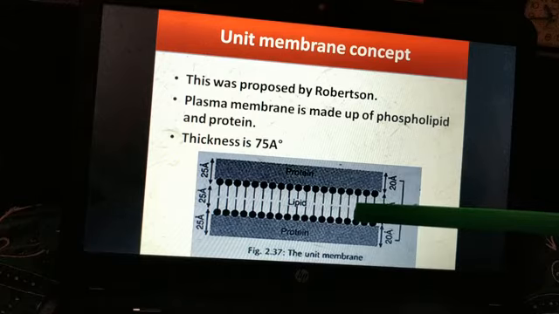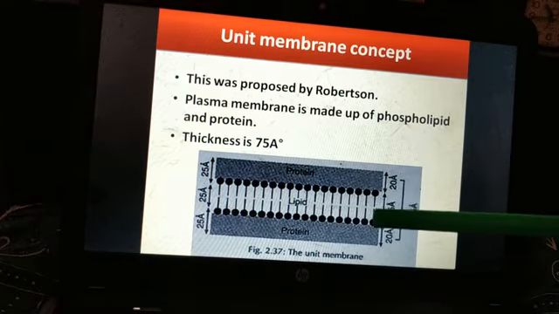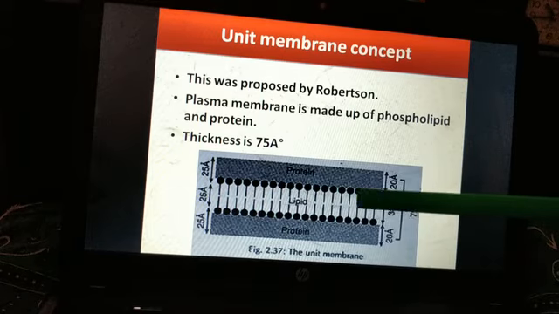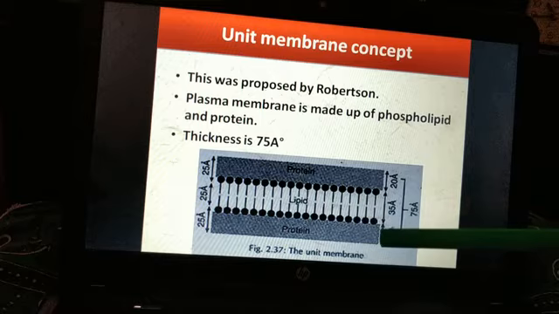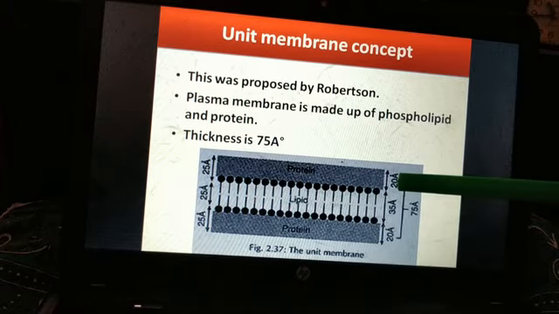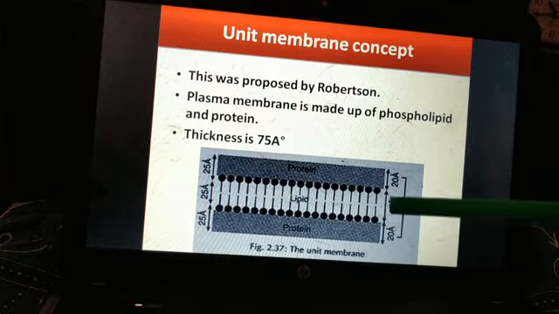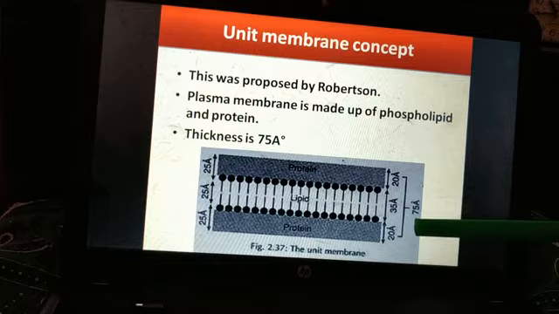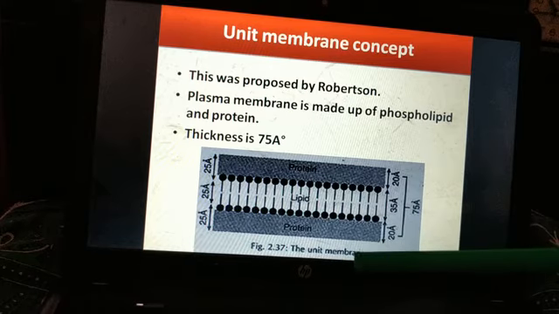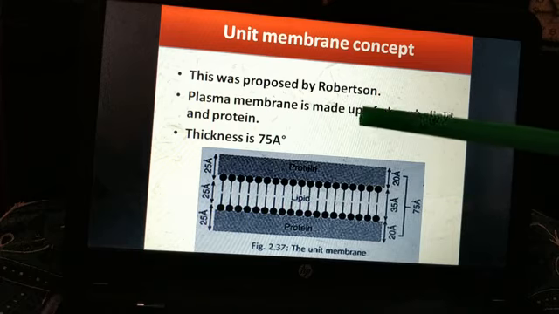Now the thickness, he said, is 75 angstrom. The thickness of the phospholipid is 35 angstrom and thickness of proteins on both sides is 20 angstrom each. Together if we sum these three, it makes the thickness 75 angstrom. So this was the unit membrane concept given by Robertson.